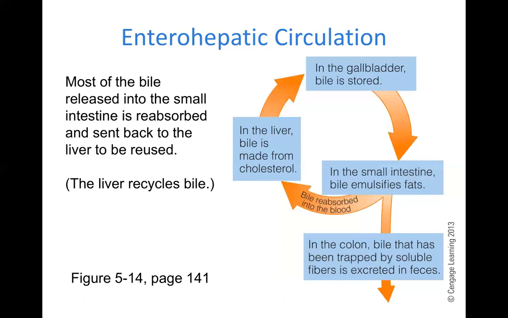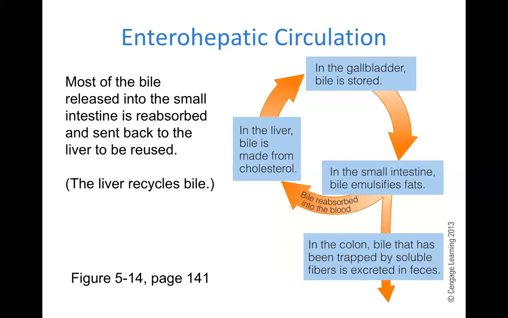In the large intestine, however, it is possible to bind bile, and what can bind bile is soluble fiber. Soluble fiber can come from pears or apples, different fruits and veggies, and whole grains. Soluble fiber can actually trap bile, and this will cause it to be excreted in the large intestine.